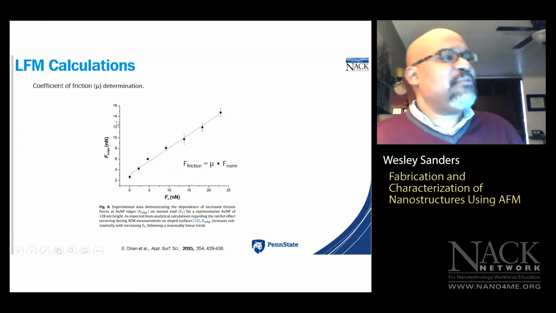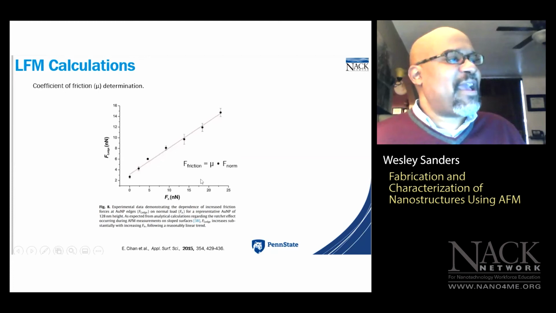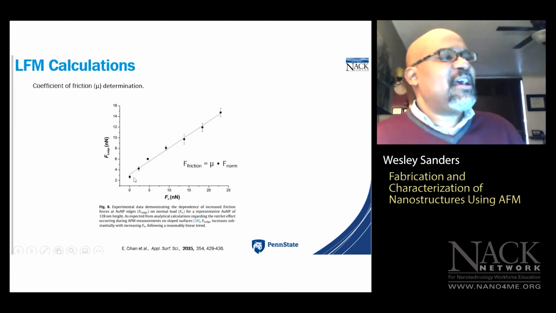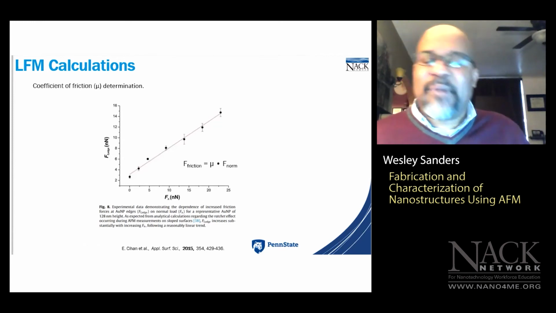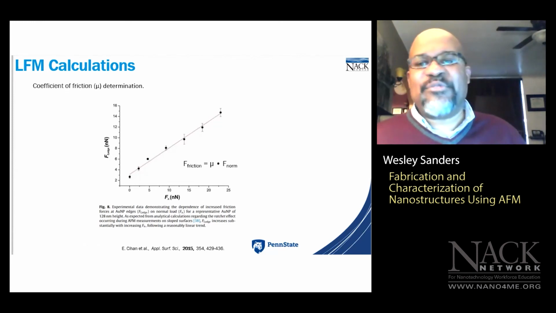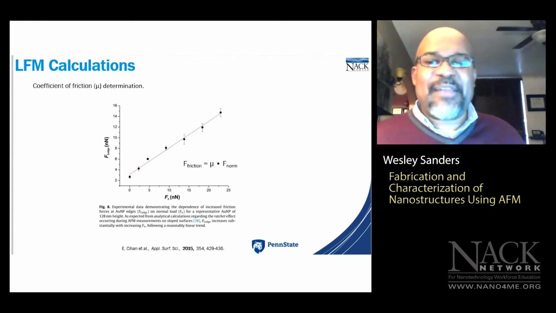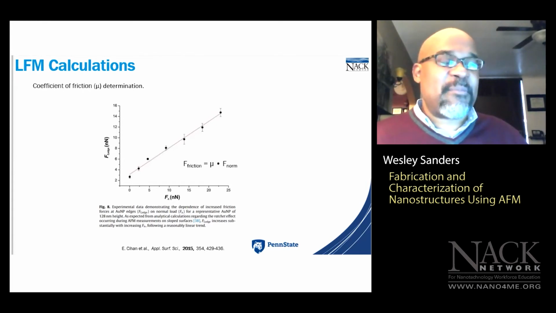So what you can do is simply graph the frictional forces on the y-axis and the normal forces on the x-axis, plot your data points, and the slope of this line will give you your coefficient of friction. So it seems simple enough, but the fact that we're using frictional forces and normal forces to determine our mu value complicates things.